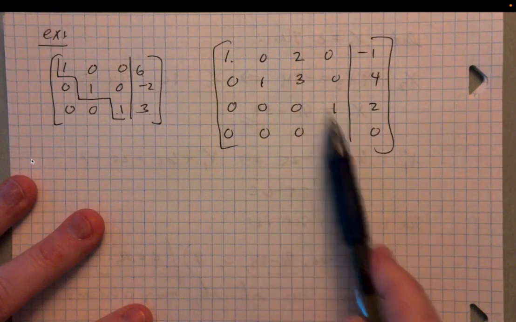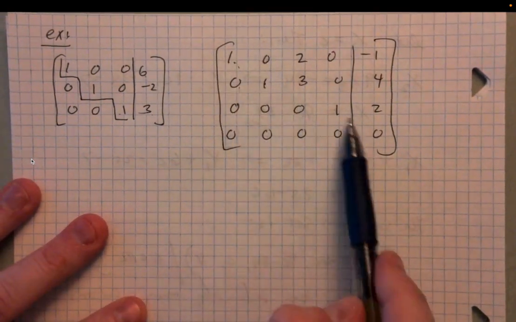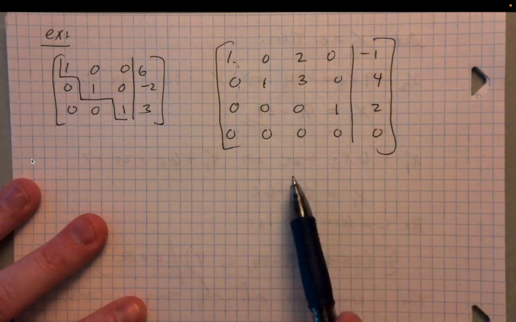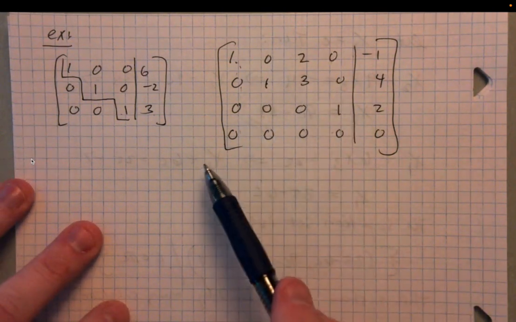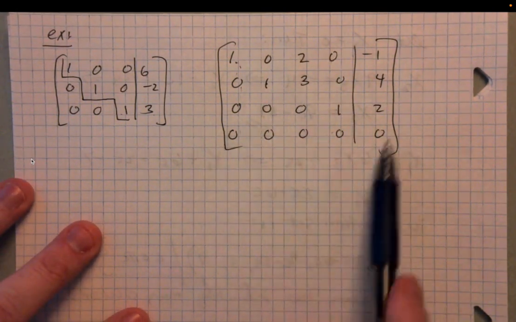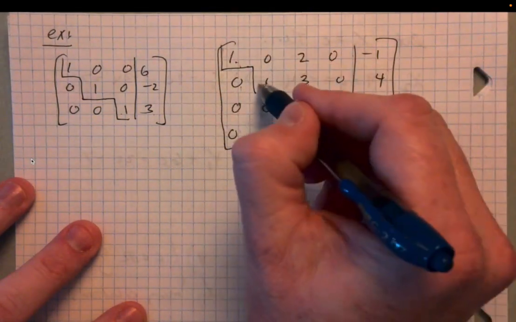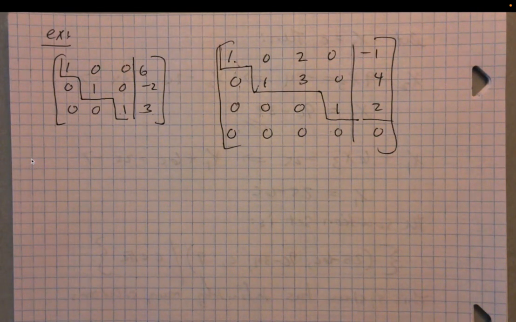All of your pivots are on the diagonal, right? Everything above and below the pivots is 0. You do have a non-zero column here, but that's a non-pivot column, so that's okay. You do have an all-zero row, and it's at the bottom of the matrix. So you can see the stair step here, and you've got the zeros at the bottom.